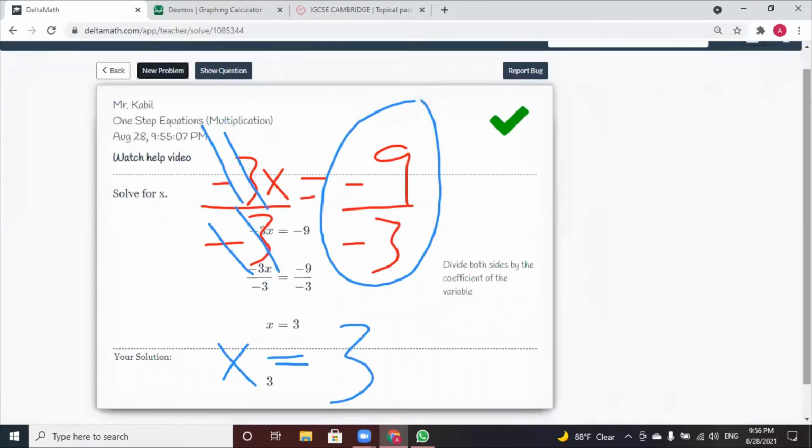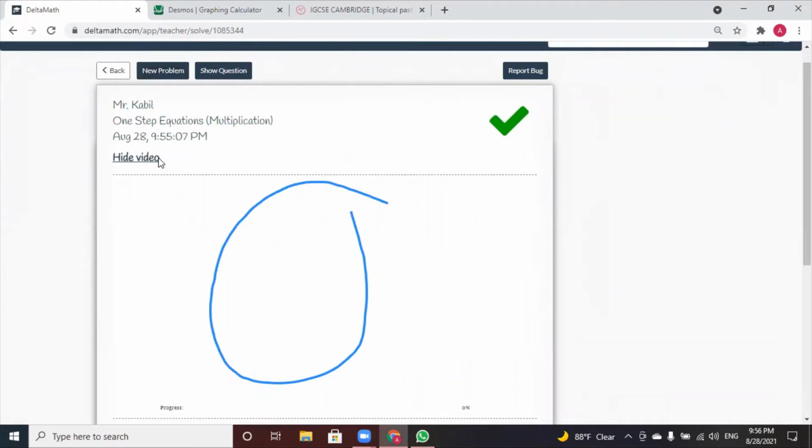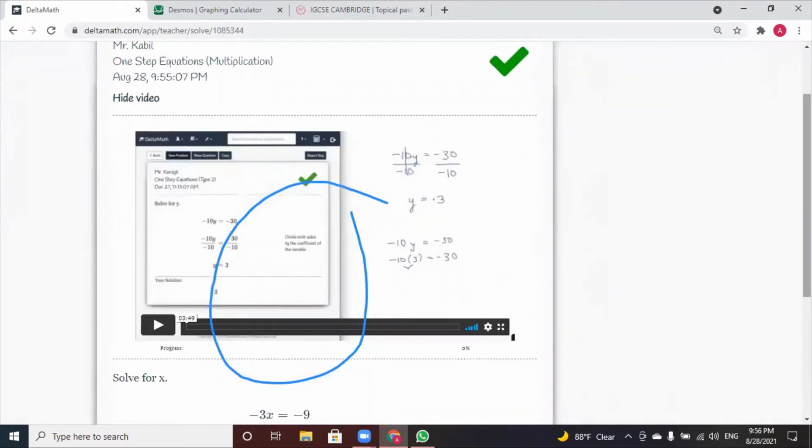And the nice thing about Delta Math is that it also provides an in-depth explanation of each question. So here we have a good view of the steps required to reach the answer. Another nice feature in Delta Math is that the students have the option of watching a help video in order to review the topic or even understand it if they don't already understand it.